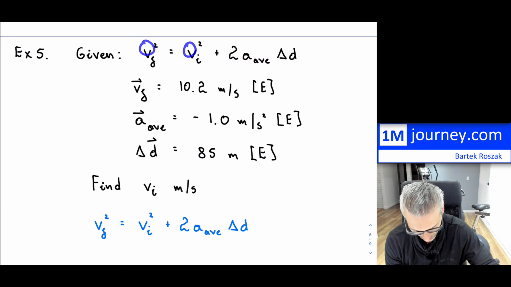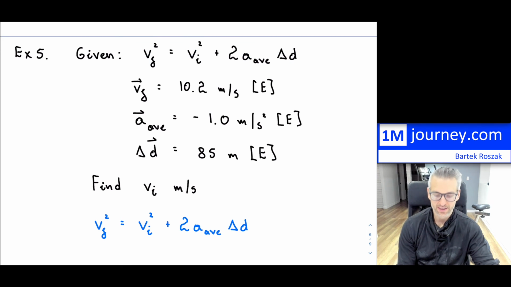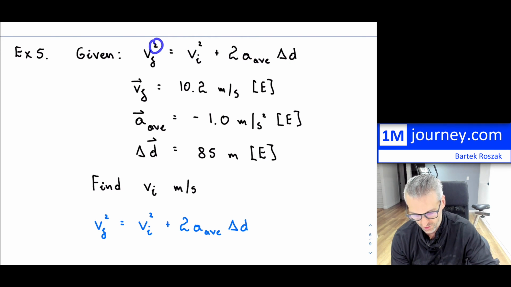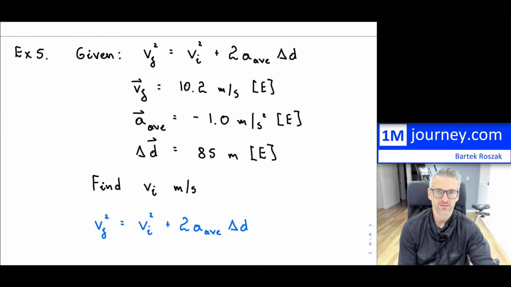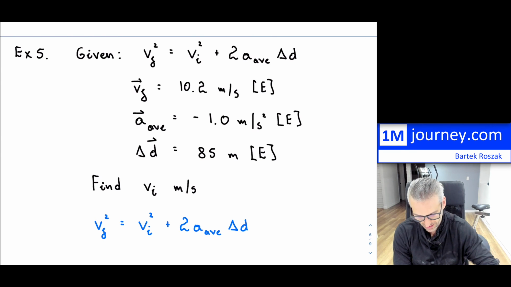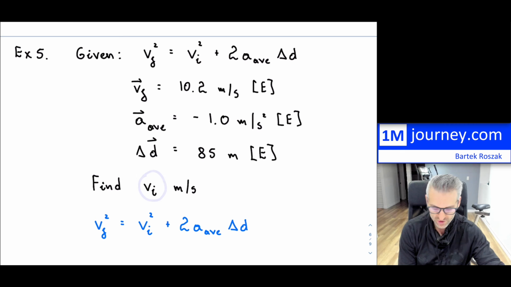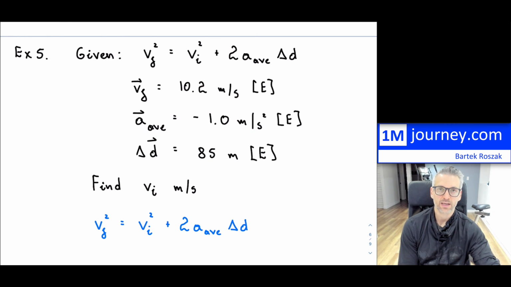The reason for that is because in this formula you're squaring, and you can't really square a vector directly. So this just talks about magnitudes, but still keep your units and directions consistent. But when you're plugging in, your answer is not necessarily going to be related to the direction for your initial velocity.